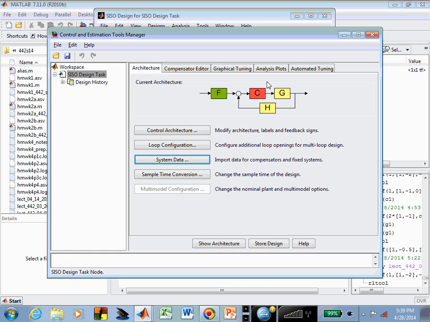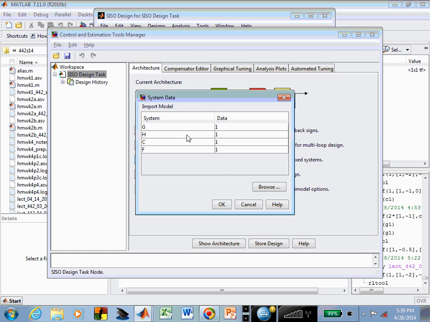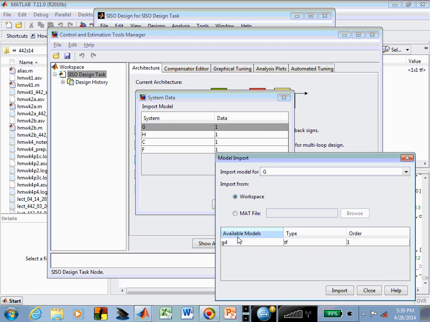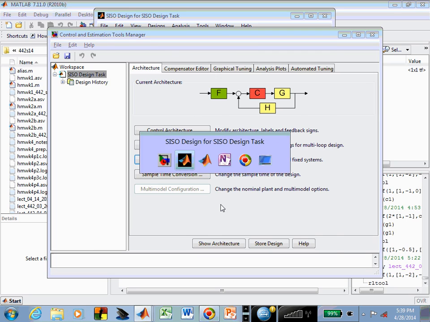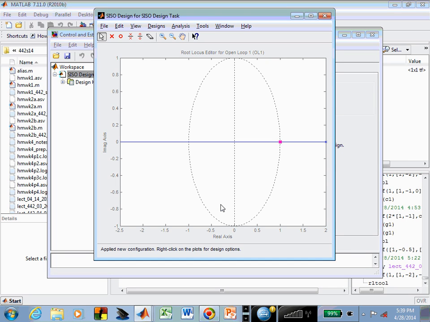So for now, let's put in some system data, and I'm going to browse to find the G. That's my plant, and I did already define that. I'll import GD as my G, and what I've learned is that I probably need to put some of my controller into play also.